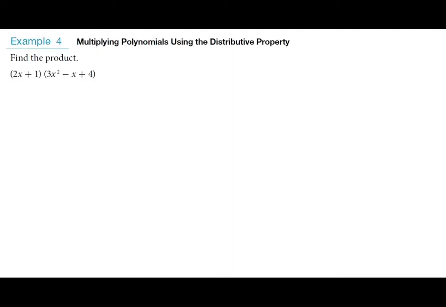Example 4, we want to find the product of the quantity 2x plus 1 multiplied by 3x squared minus x plus 4. So we'll have to use the distributive property, and that means we have 2x times the quantity 3x squared minus x plus 4 plus 1 times the quantity 3x squared minus x plus 4.